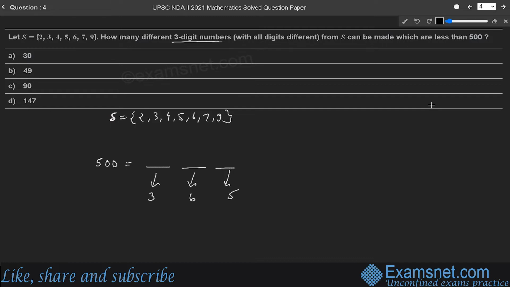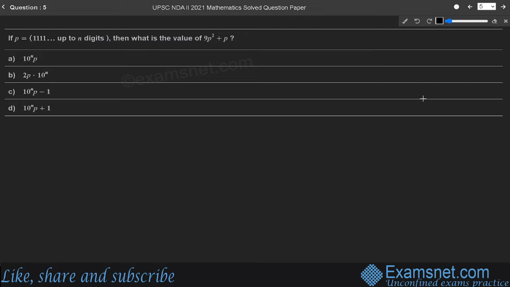So in this way the different combinations of 3-digit numbers with all the digits different can be made which are less than 500. So it will be 3 into 6 into 5 which is equal to 90. Therefore the correct answer for this question is 90. So the correct option is option C here.